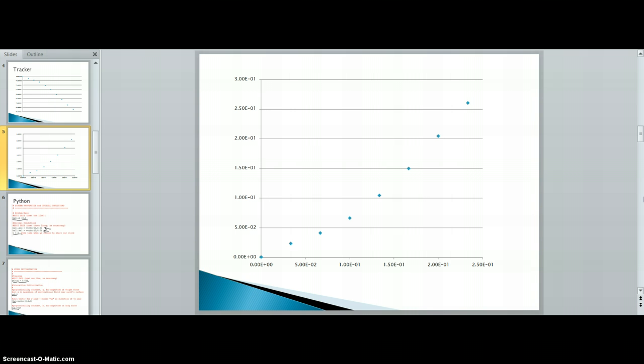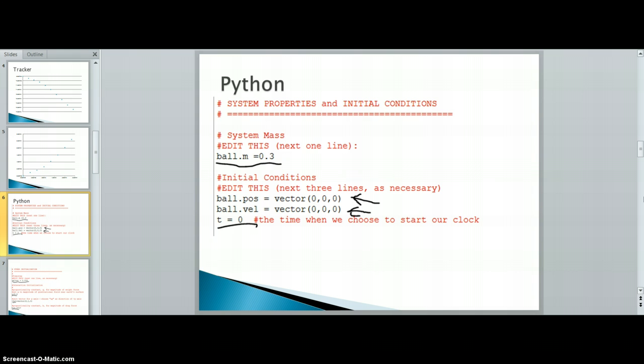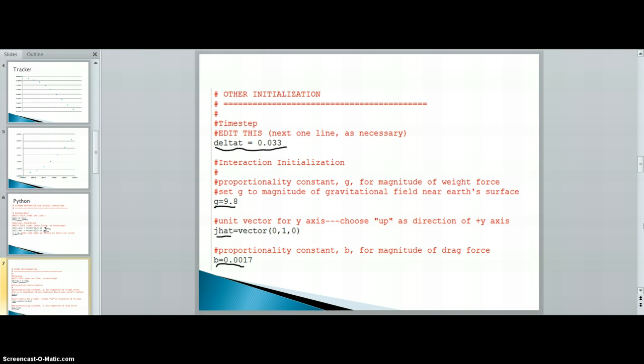Then we move on to the computational modeling of the system, Python. So we start off by plugging in the givens. We use a juggling ball, so the mass of a standard juggling ball is just 0.3 kilograms, and we assume it starts at the position 0 and at rest, so the initial velocity is also 0 and the time is 0. After that, we plug in the constants.